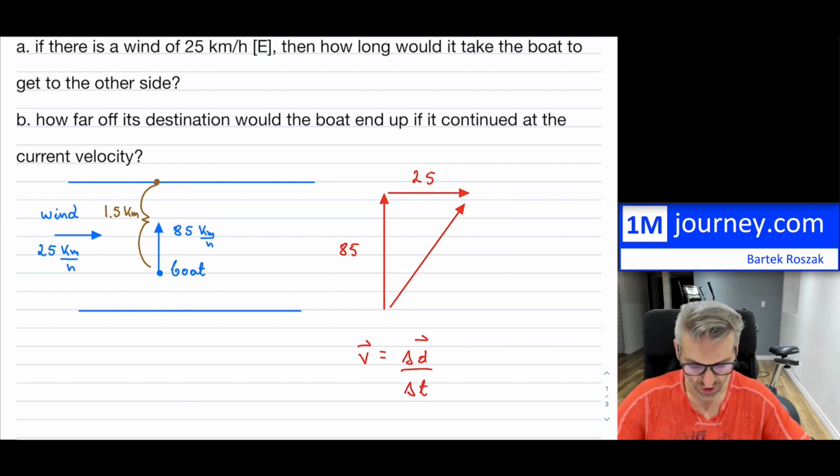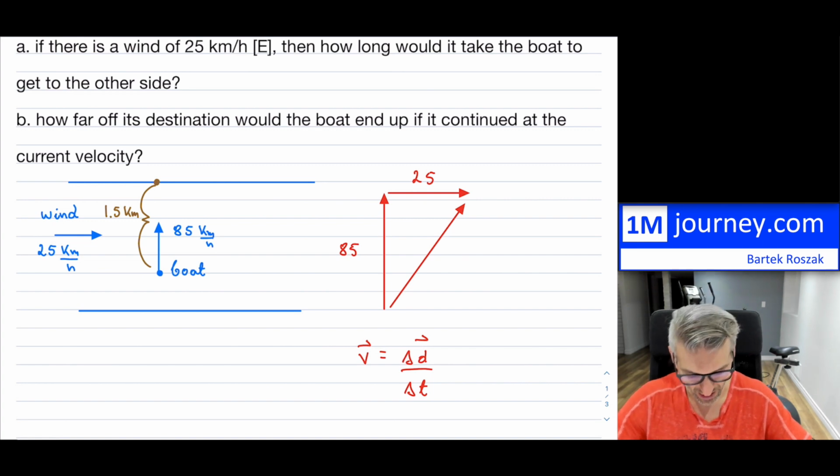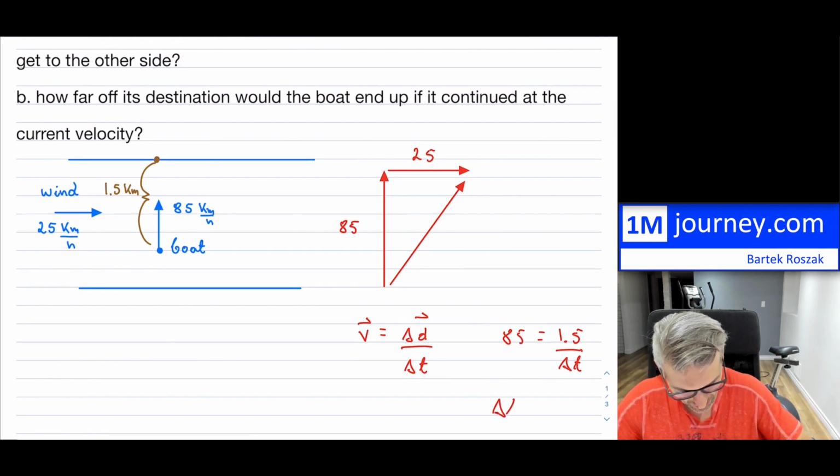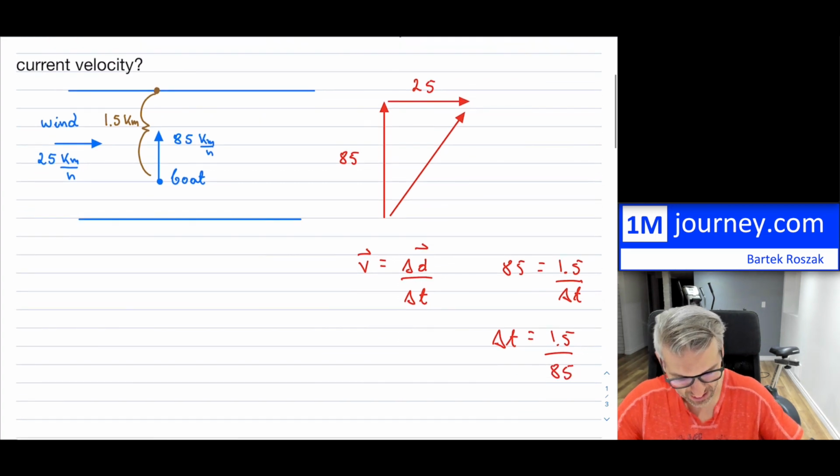We're given all of this information: this is 85, this equals my displacement of 1.5 kilometers, over delta t. I can solve for delta t by multiplying delta t on both sides, and we get 1.5 divided by 85, which gives us the time.